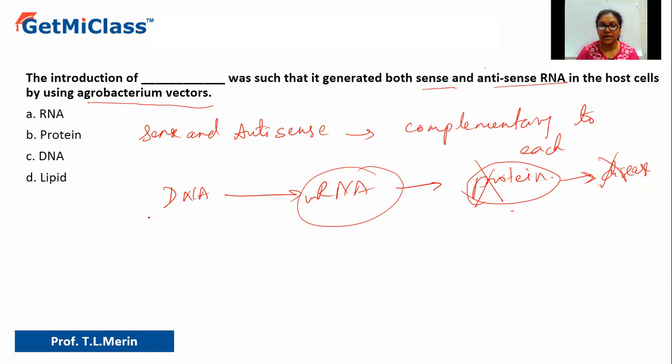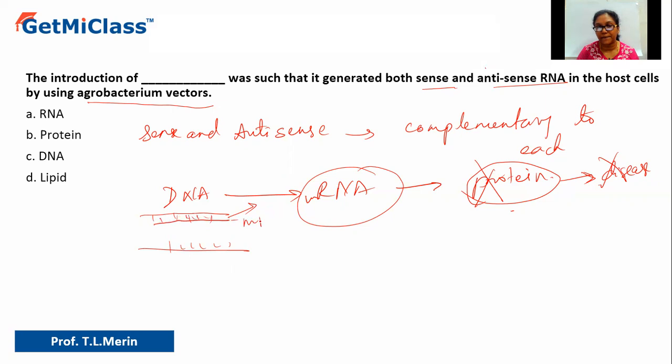We know that double-stranded DNA will get separated as single-stranded, and each strand acts as a template. Each strand will code for mRNA, because it will be complementary.